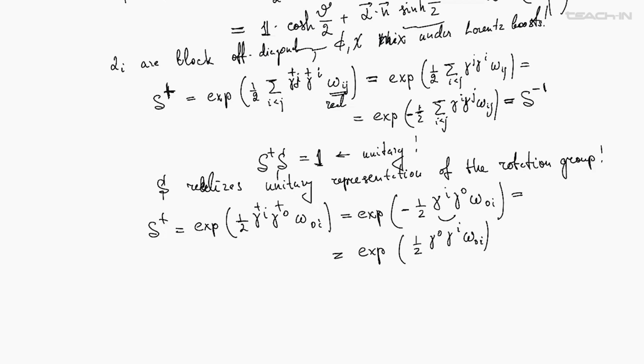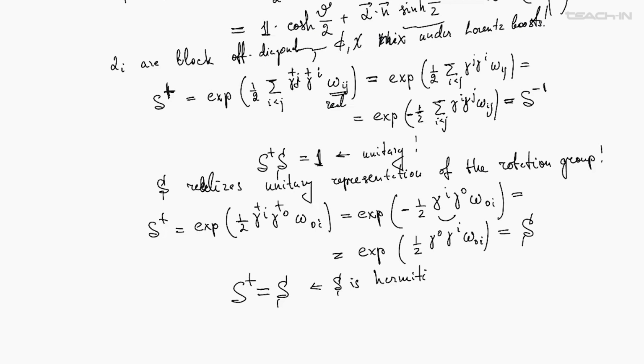So this is different from the unitarity condition. Rather, this condition shows that the matrix S realizing Lorentz boosts is Hermitian. So S is Hermitian, not unitary, but Hermitian.